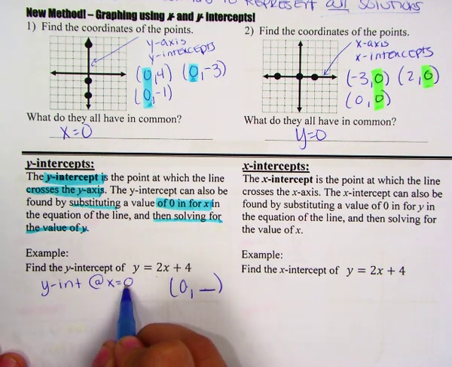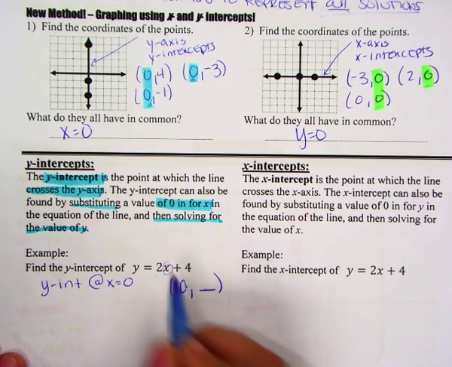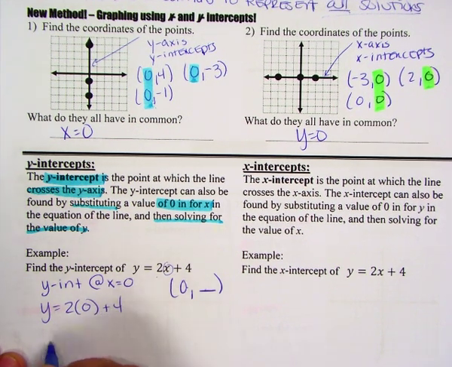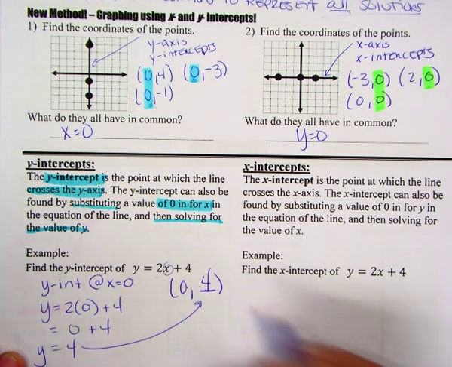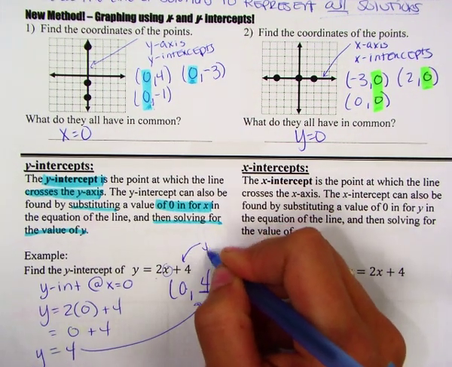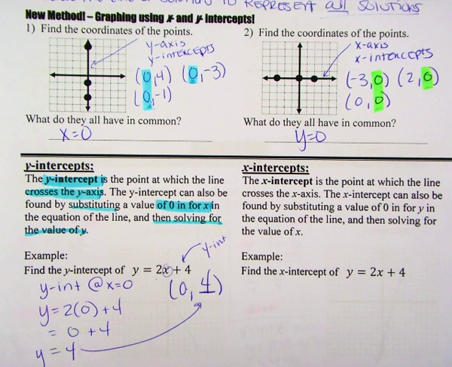So I'm going to substitute 0 in for x and solve. And so the y-intercept would be 0, 4, which makes sense because we said in the equation that this is the y-intercept, and that's y.